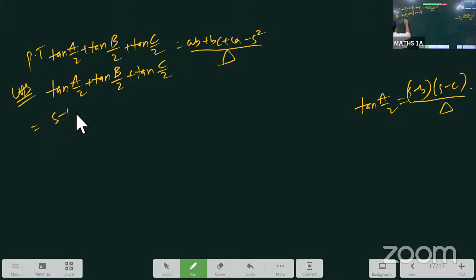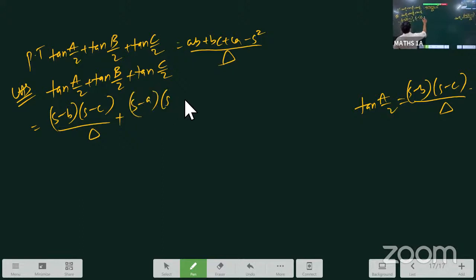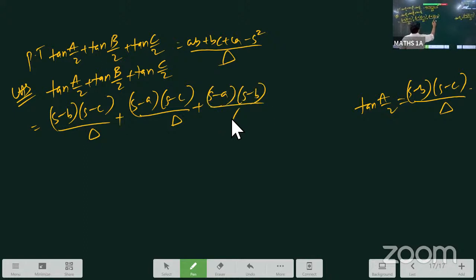Now (S minus B) into (S minus C) by delta, plus tan B by 2 means (S minus A) into (S minus C) by delta, plus (S minus A) into (S minus B) by delta. Now delta is your LCM. Is it clear?